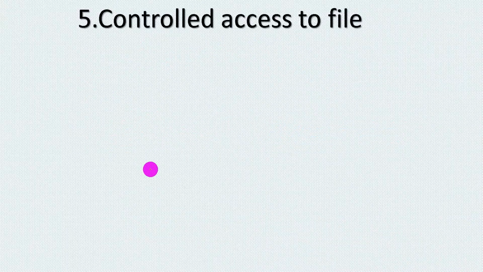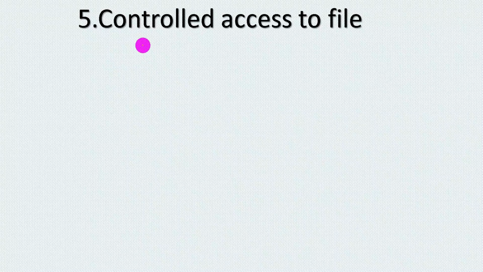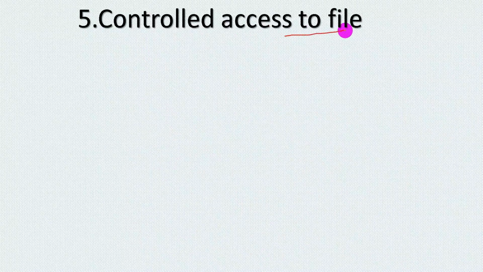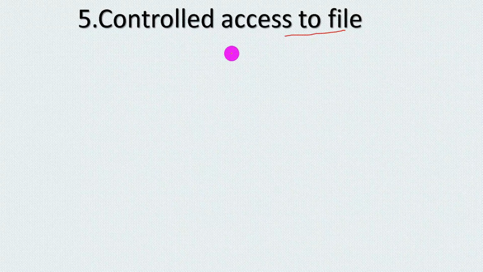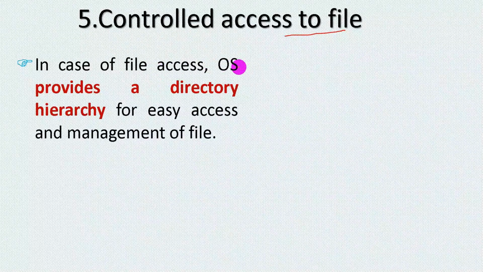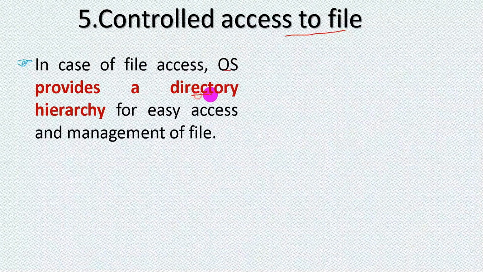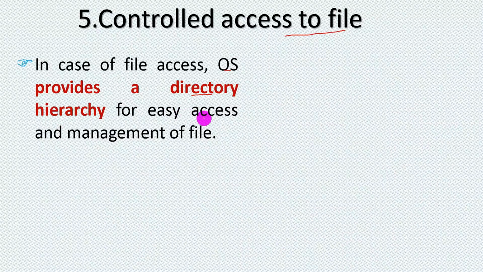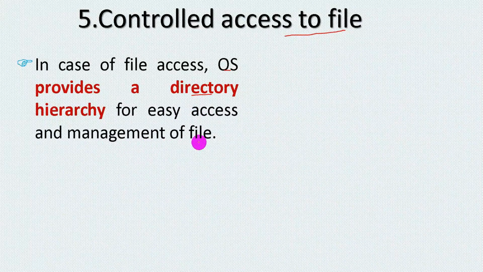The fifth service or task of the operating system is controlled access to a file. Each user, in order to access a file, is controlled by the operating system. In the case of file access, the operating system provides a directory hierarchy for easy access and management of the file.